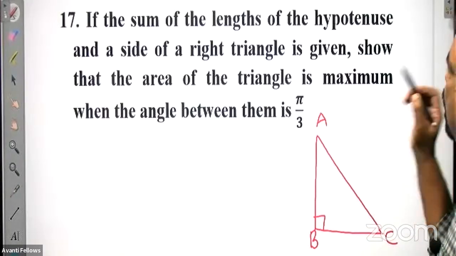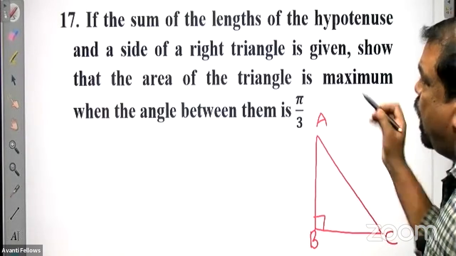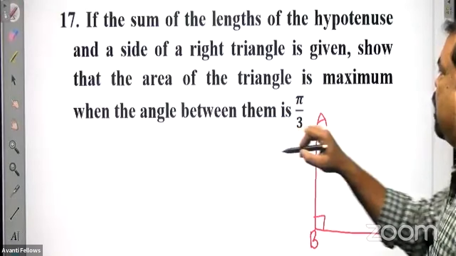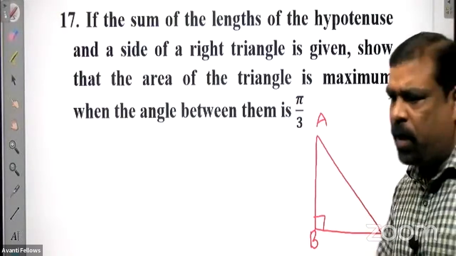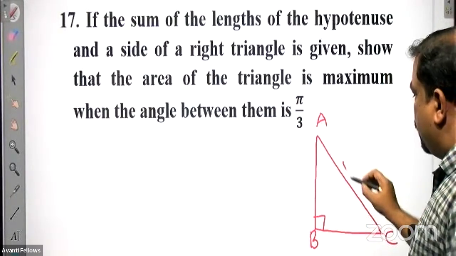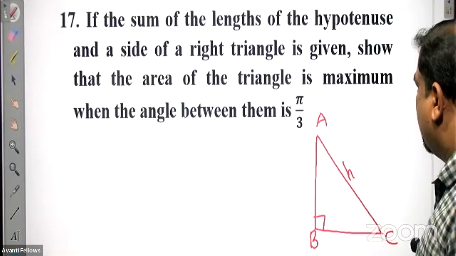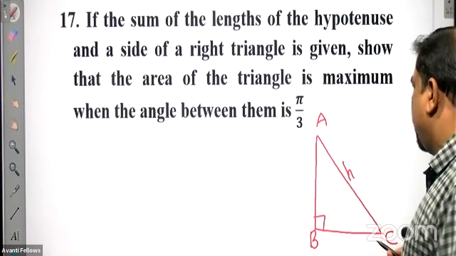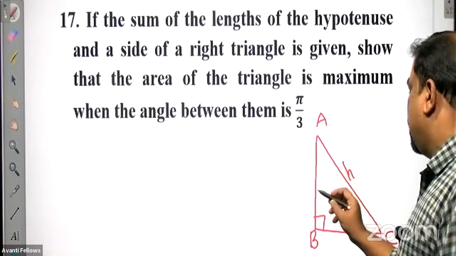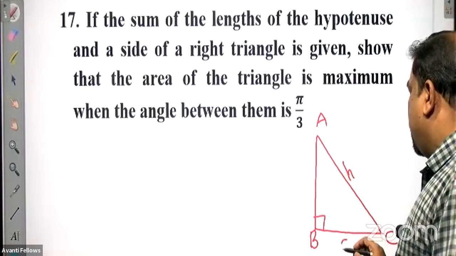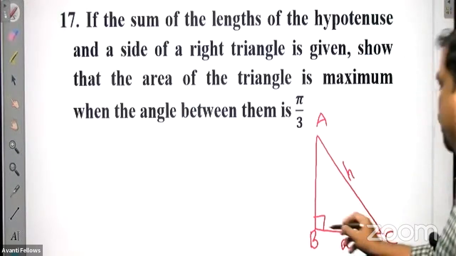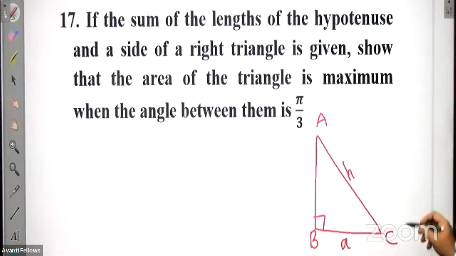The sum of the lengths of the hypotenuse and a side is given. Given means it is a constant. The hypotenuse, let it be H, and one side, either AB or BC. Let BC be given, let it be small a.